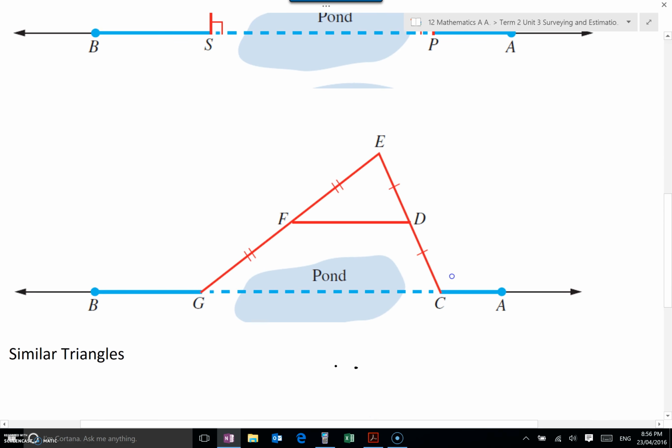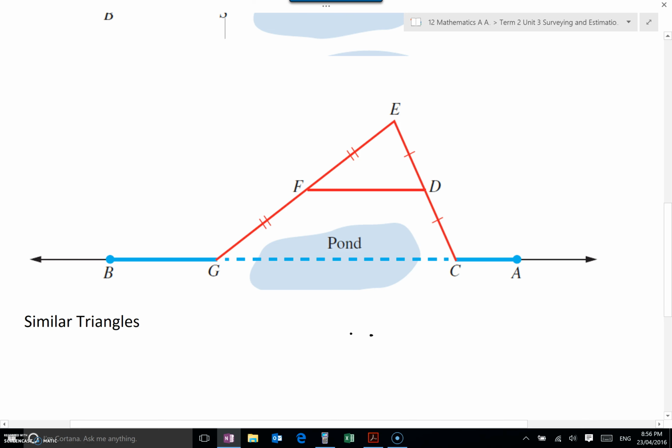Another way would be to use some similar triangles. So the idea, if there's a line segment, say this line here with two lines on it, and then there's another line here with two lines on it, it means that this distance and this distance is equal.